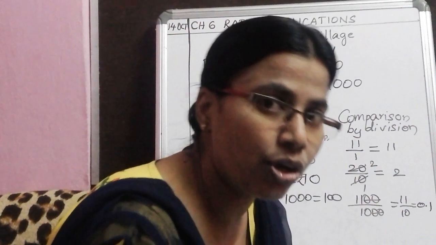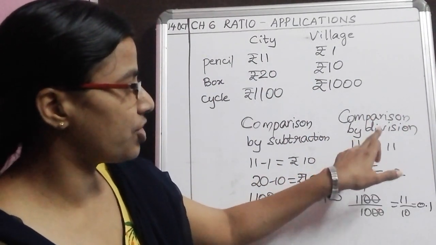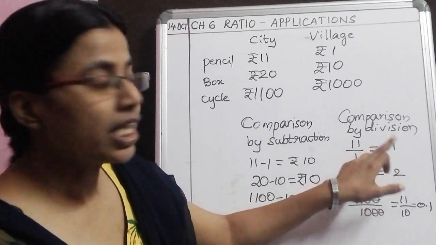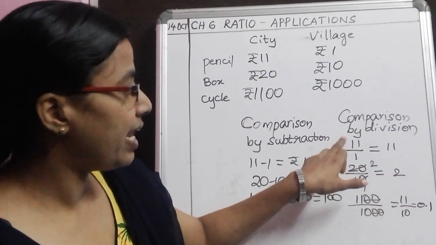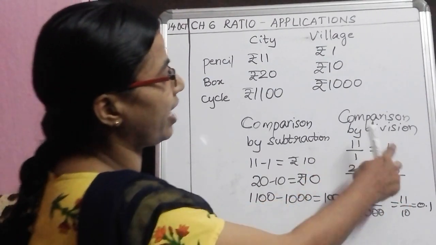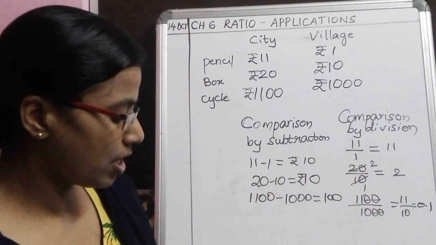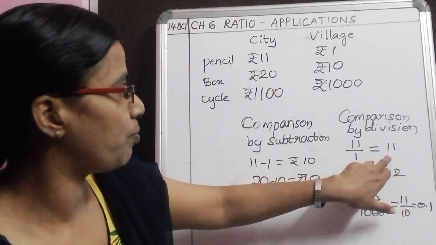So now the next one is comparison by division. This is a better way of comparing because 11 by 1 is 11. You got the answer as 11. That means the cost of the pencil in the city is 11 rupees.